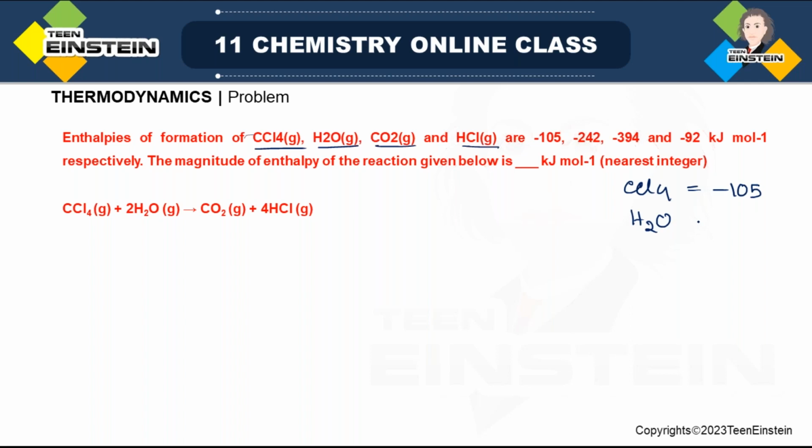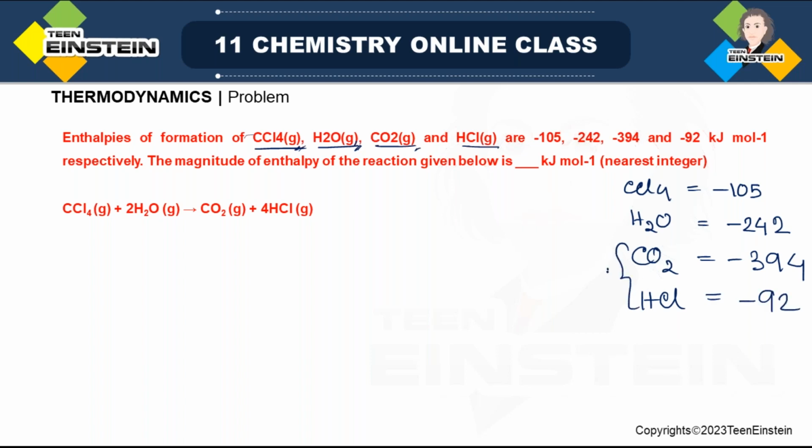We have water, for which the value is minus 242. All the physical states mentioned in the brackets are very important, because whether you consider water in liquid or gaseous form, the enthalpy may be different. So you have to be careful about the physical state mentioned. CO2, the value is given as minus 394, and the other product, HCl, minus 92.